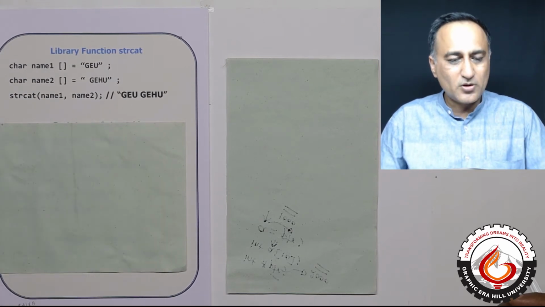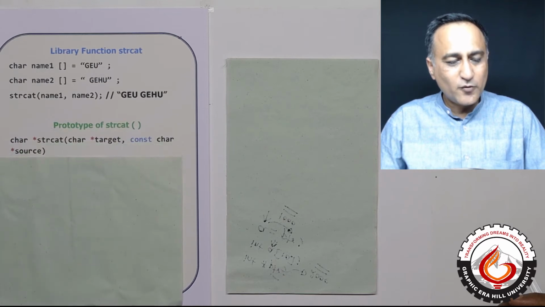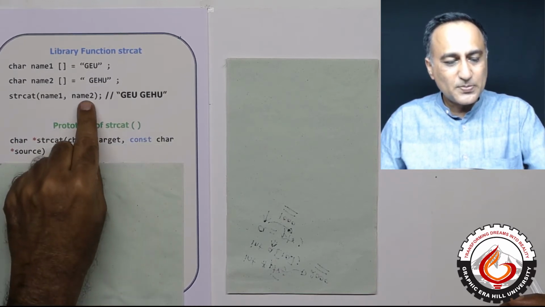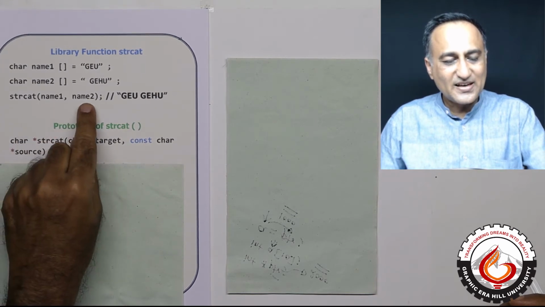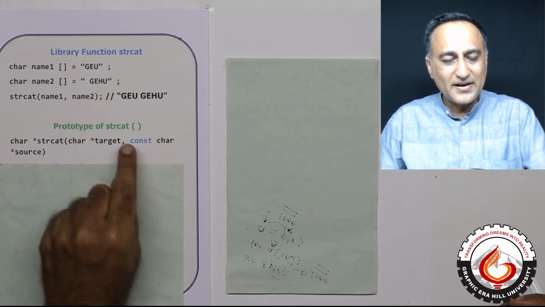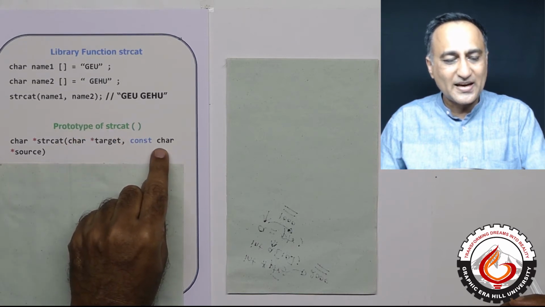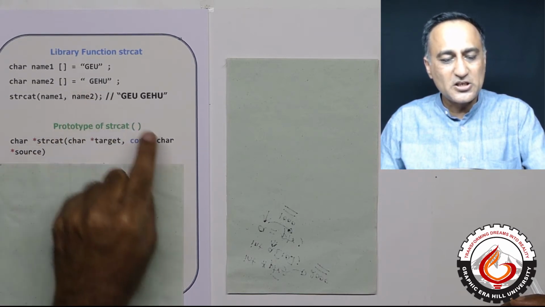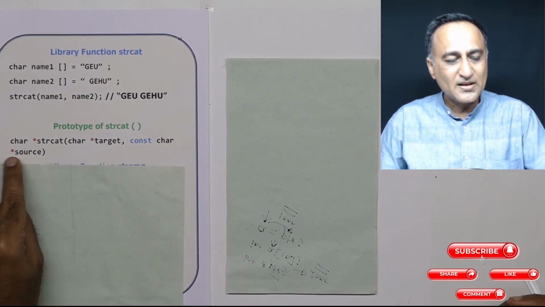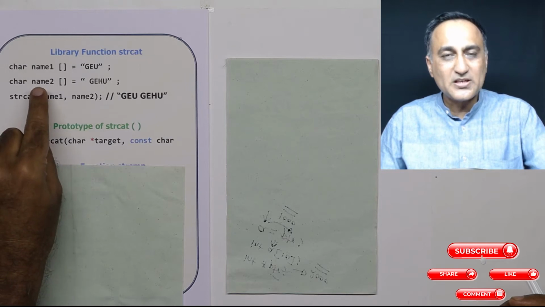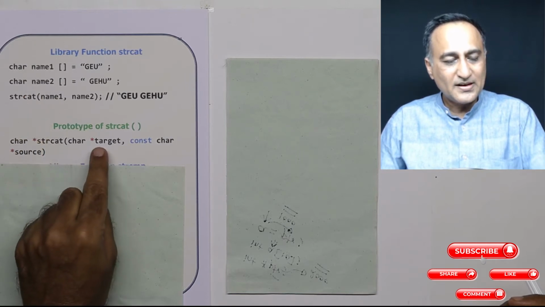So this is all about the strcat function. If you want to take a look at the prototype, this is how it really looks. This is the source, this is the target. Since the source is not going to be modified, it's defined as a constant char. That means you can't change space GEHU. That's why it's defined as constant char star source, because name2 is a constant pointer.